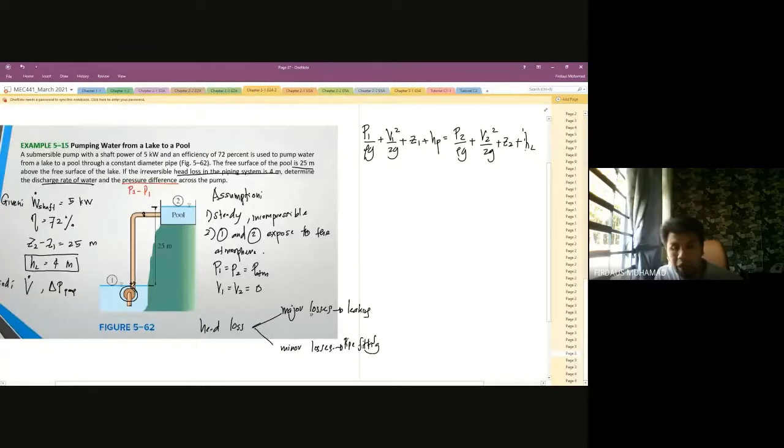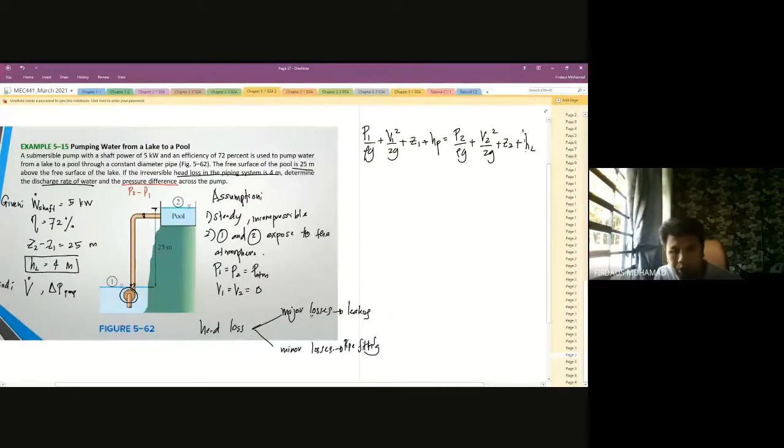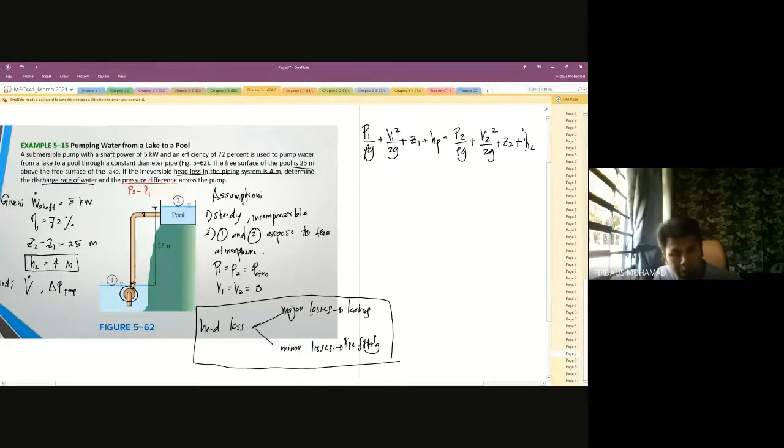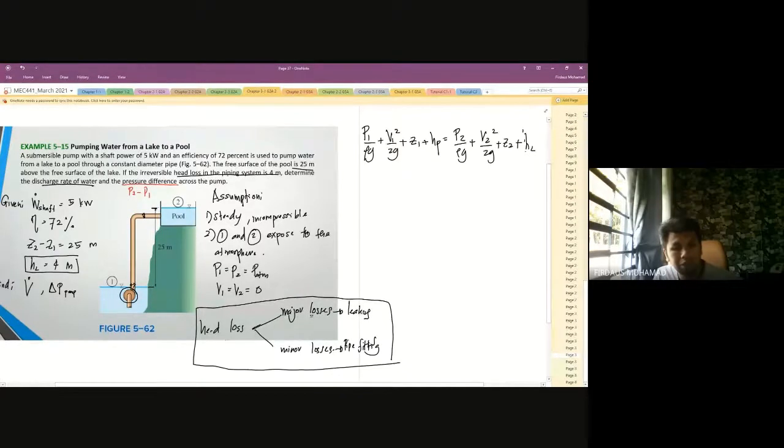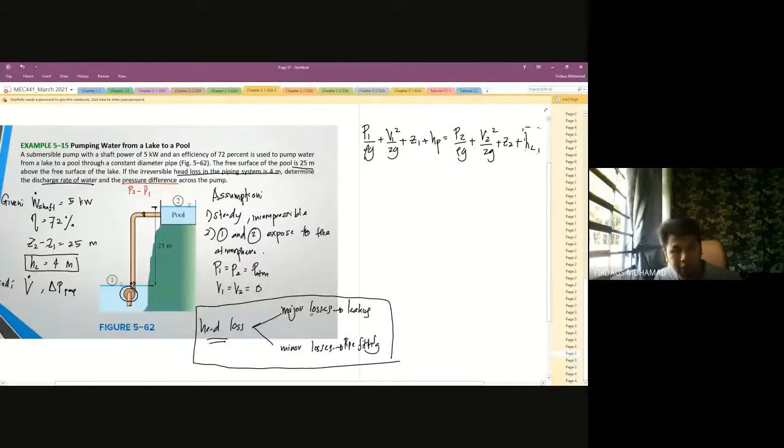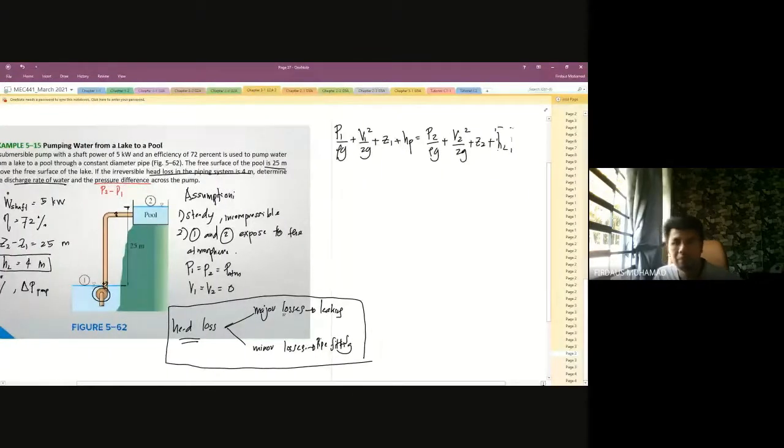Kalau ada elbow, losses dekat entrance, losses dekat exit, semua tu kita masukkan dalam head loss. Okay, and then untuk losses ni kita akan belajar chapter 5. Okay, detail untuk losses dalam pipe, kita akan belajar dalam chapter 5. Okay, so tapi sekarang ni dia bagi head loss, so maknanya head loss ni kita apply dekat HL, energy out. Okay, boleh faham? Okay, so P1 boleh potong tak P1?